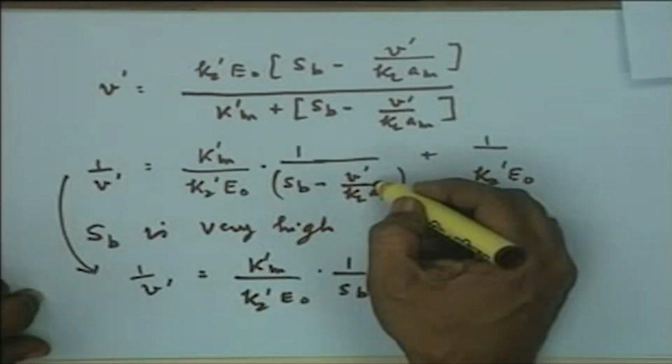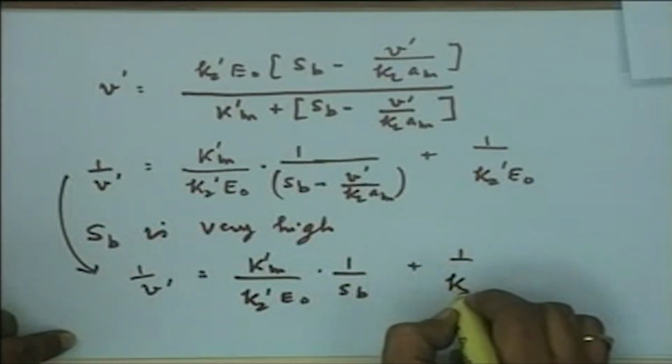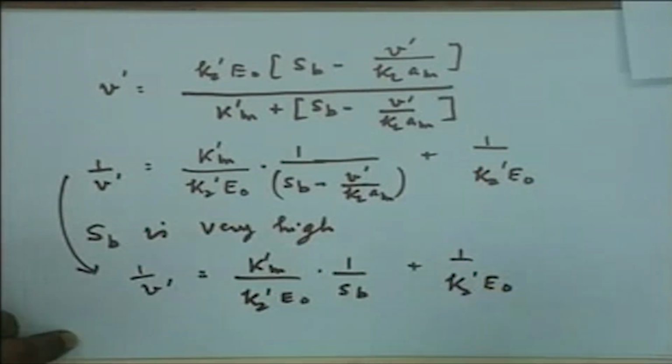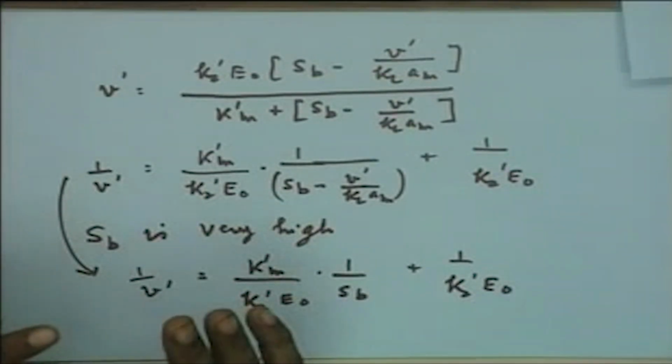This term is negligible when SB is very high, plus 1 upon K2 dash E naught in the case of very high substrate concentration in a zero order design.